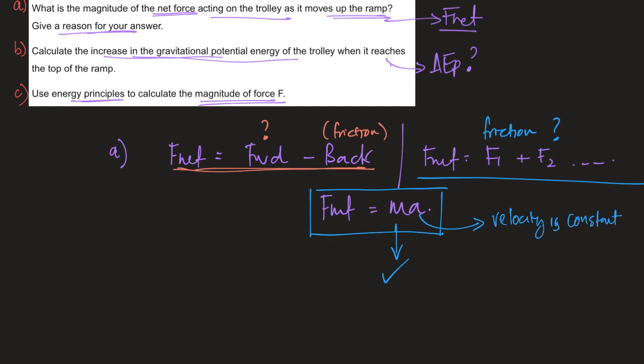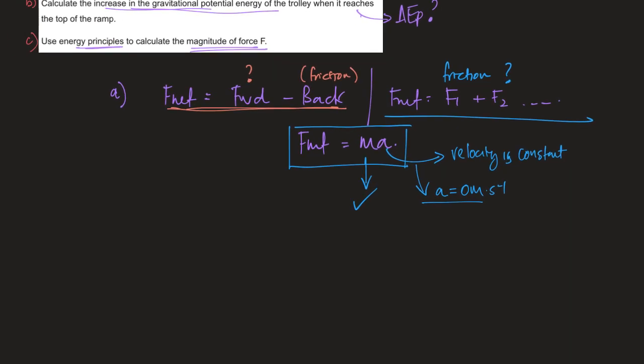And if velocity is constant, then acceleration is equal to 0 meters per second. Then I can say F net is equal to MA, which is equal to 90 multiplied by 0, and therefore F net is equal to 0 newtons.